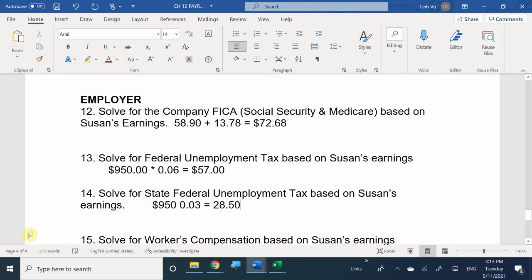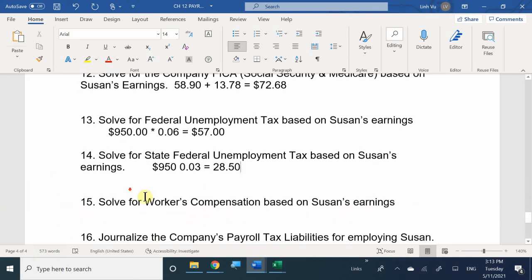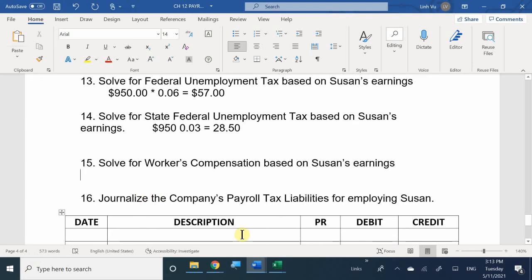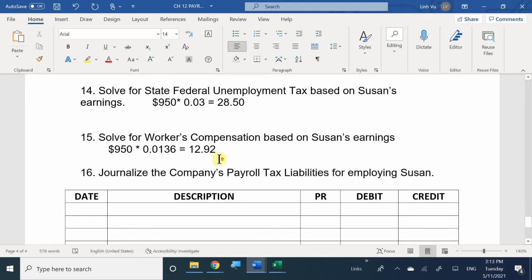Okay. And then last but not least, how much workers' compensation? Or workman's compensation? Gross wages times 1.36%. $12.92. Okay. Yes. All right.